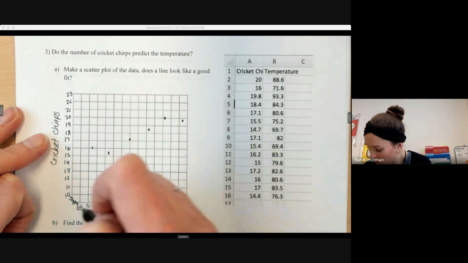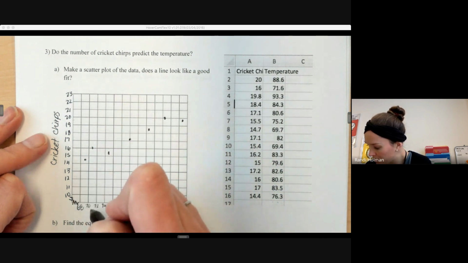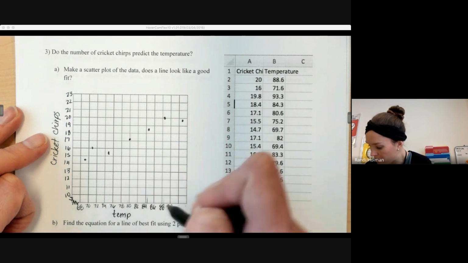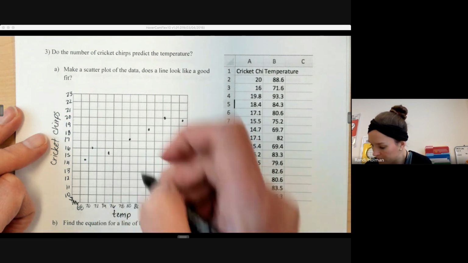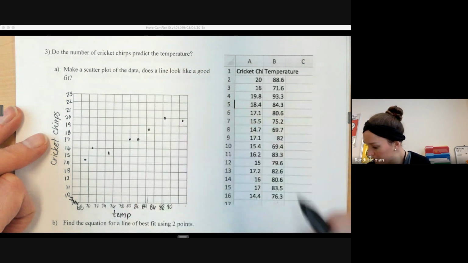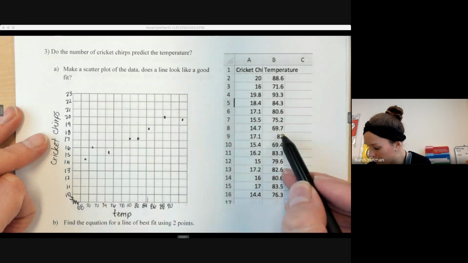Okay, so we just keep going until we've plotted all of these points so that we can get a good idea about where we are going with our graph. So you can probably already see some correlation here, that it's looking like we have a positive correlation.